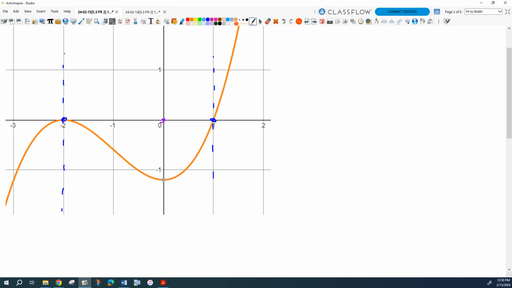What's happening at this horizontal tangent? Is it going to be a minimum or a maximum? This guy right here. Because the orange function is the derivative function. Remember, this is f prime. Again, relative minimum or relative maximum. We know it has a horizontal tangent because the derivative equals 0 there. What's that?